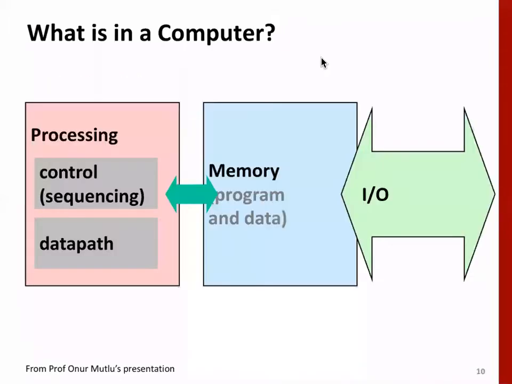All right, so now let's look at the computer in the following way. We have a processor which does processing, and it has two parts. One is the control path, the second is the data path. The control path controls both the execution of a single instruction and also multiple instructions.